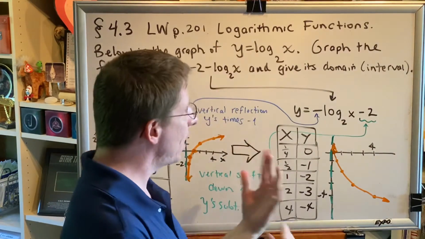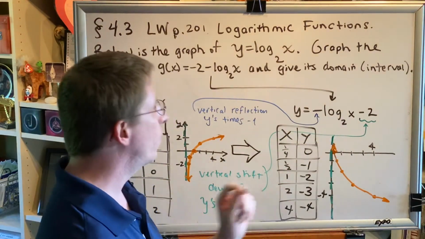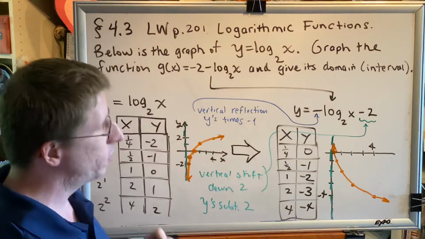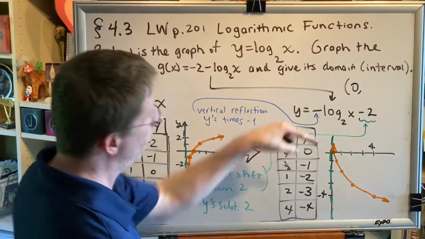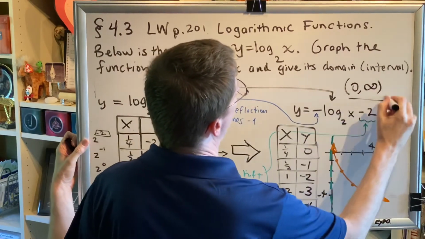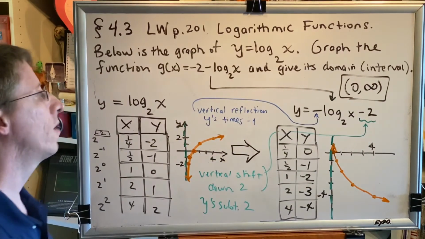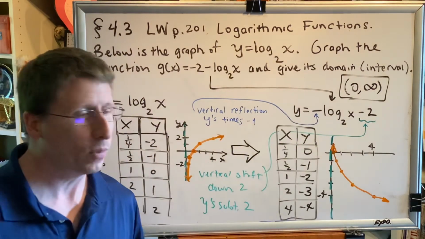But it's stopped by the asymptote. It can't get to forever to the left because of the asymptote. Where is the asymptote? 0. So my domain is 0, comma something. Then it goes forever to the right, so that would be infinity. So the domain in interval form is parenthesis 0, comma infinity, close parenthesis. We have our graph and we have our interval.